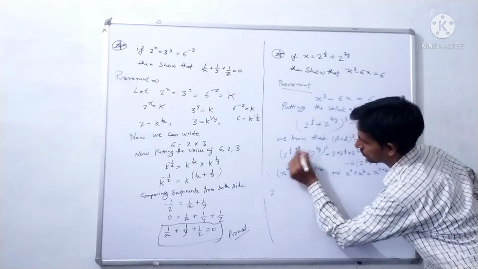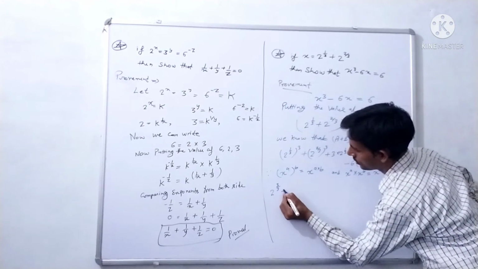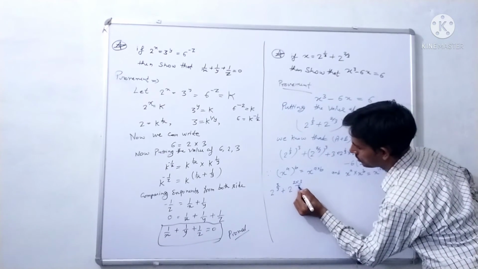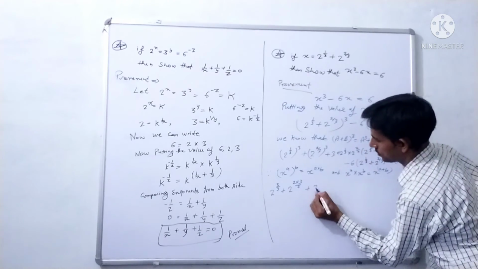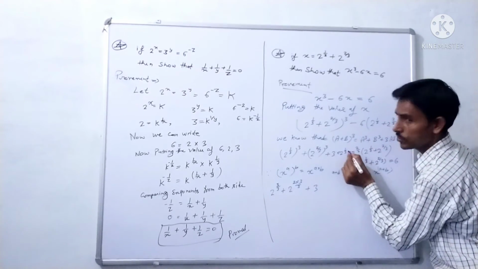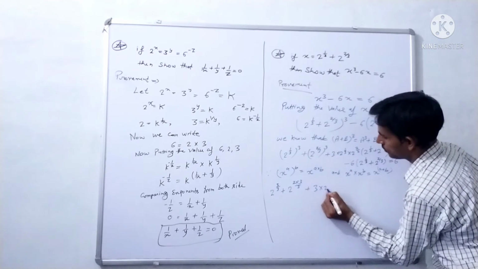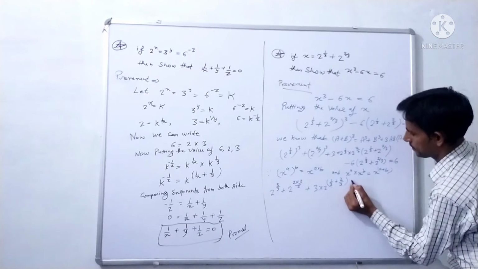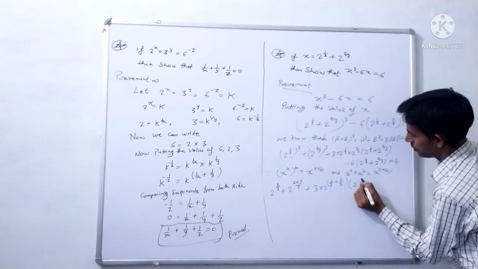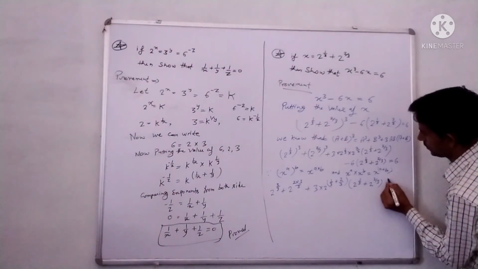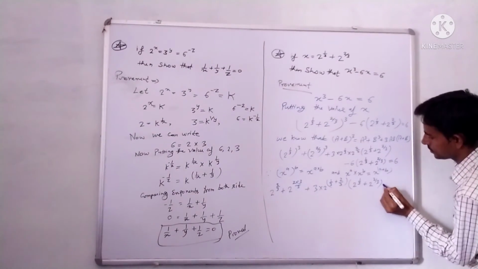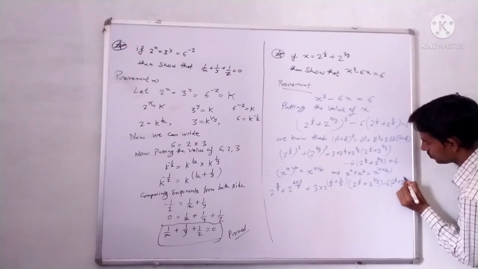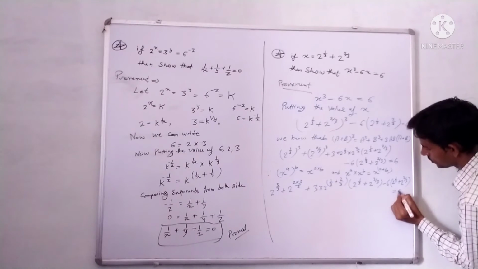2^(3/3) plus 2^(2·3/3) plus 3 into 2^(1/3) into 2^(2/3), same base, so we will add the exponents: 2^(1/3 + 2/3). Then minus 6 into (2^(1/3) + 2^(2/3)) equals 6.